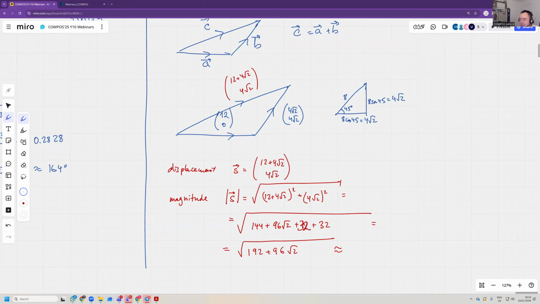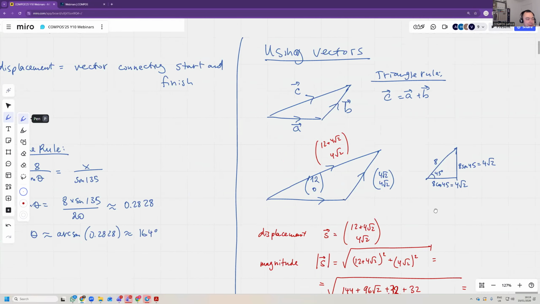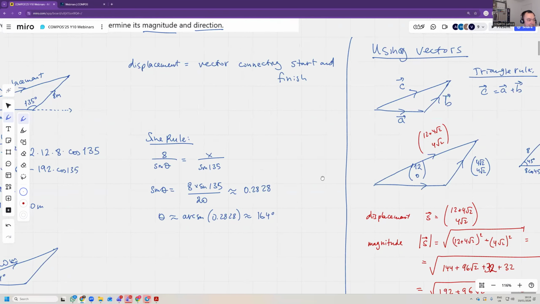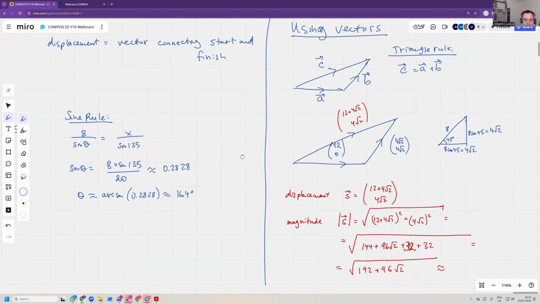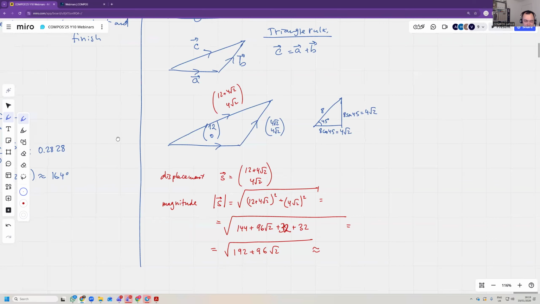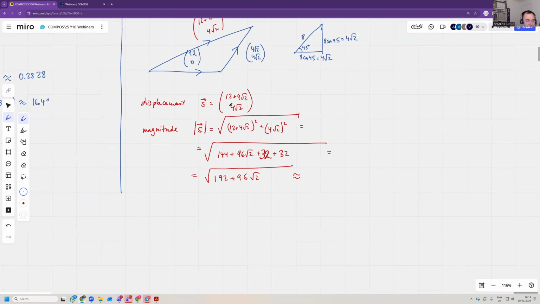Root 8 is 2 root 2. Yes. How is that relevant? It's 8 times 2 over 2. 8. 4 root 2. Yes. I'm not mistaken here.